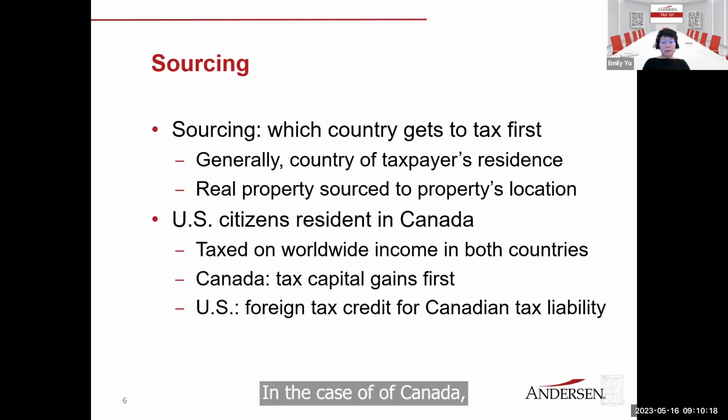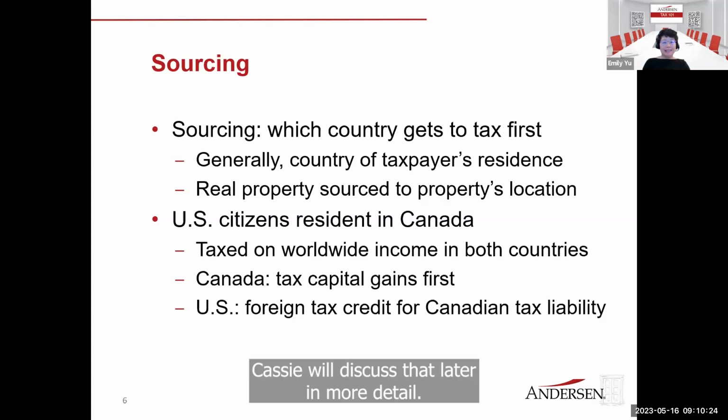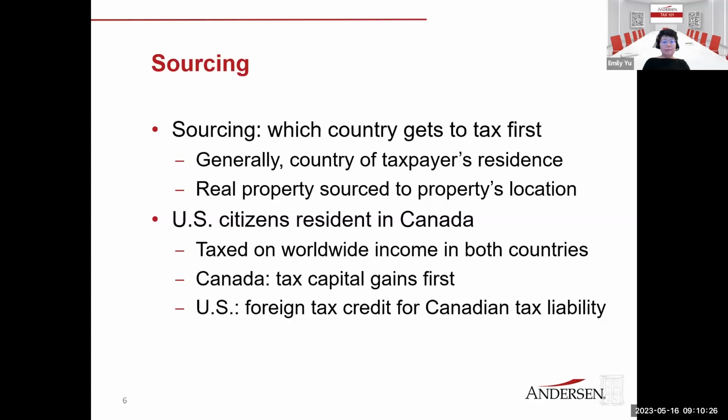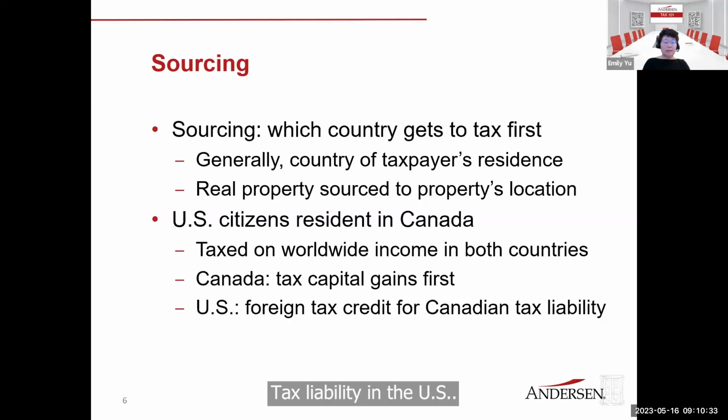In the case of Canada, because we have deemed disposition rules, Cassie will discuss that later in more detail. The movement of people could also impact former Canadian residents' tax liability in the U.S.